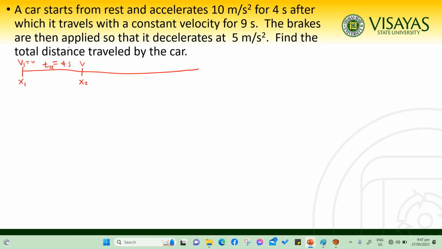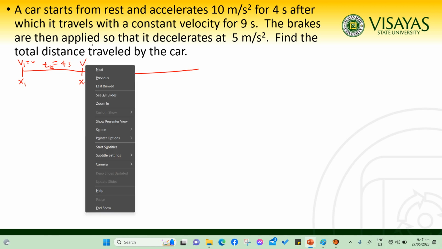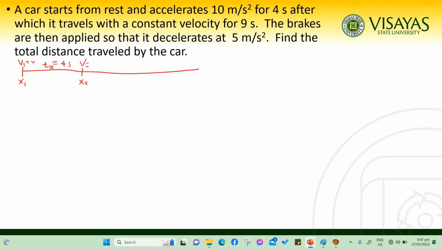In here, this is now my velocity 2, so this is my v2. Now, if you look at the problem, you have the acceleration a12, the acceleration from point 1 to point 2, equivalent to 10 meters per second squared.